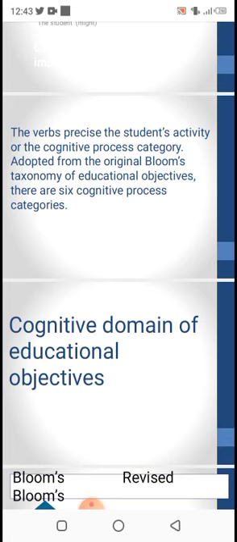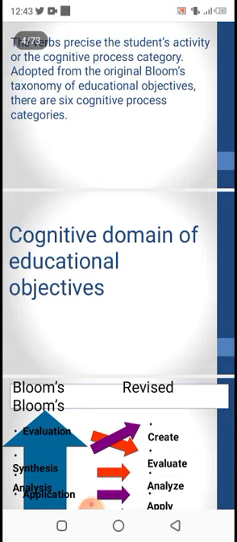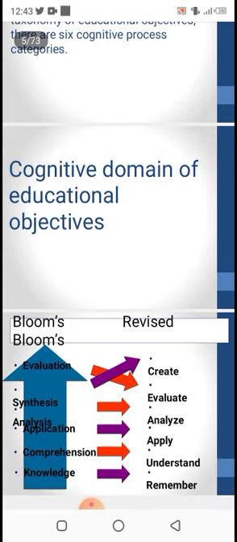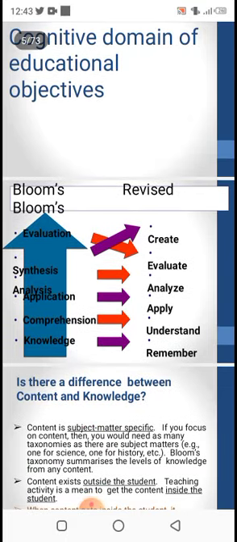Here, let's continue with the 6 cognitive process categories. It means we start with the cognitive domain of educational objectives. We have Bloom's taxonomy and the revised version.